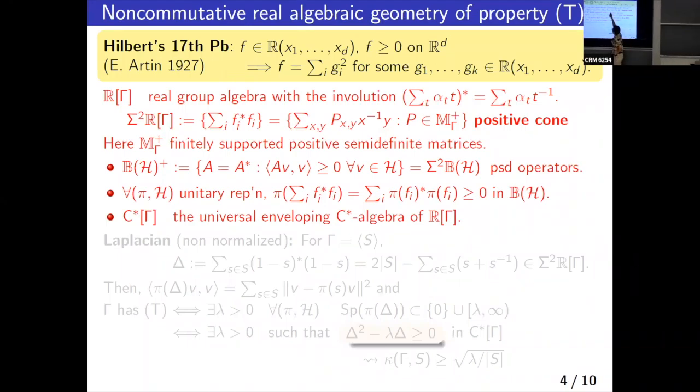These are positive elements in the real group algebra. If it's positive, then it's positive semi-definite in every orthogonal representation, and you want to ask the converse.